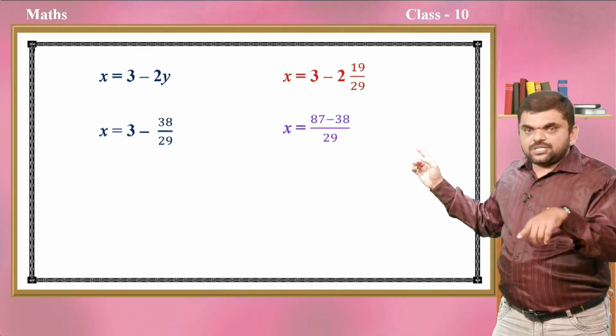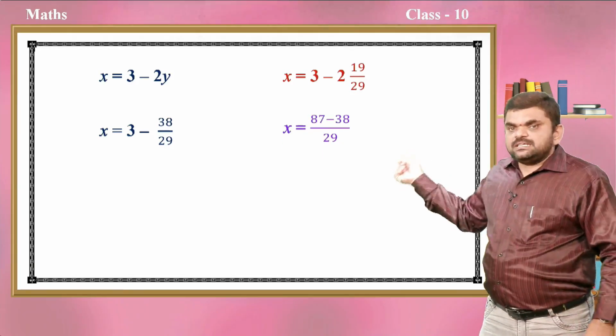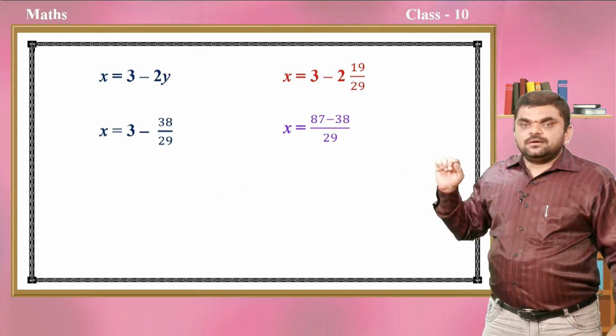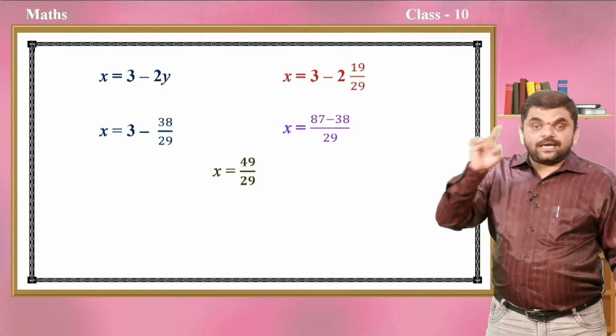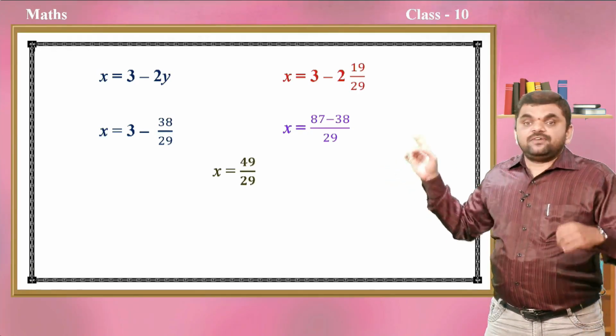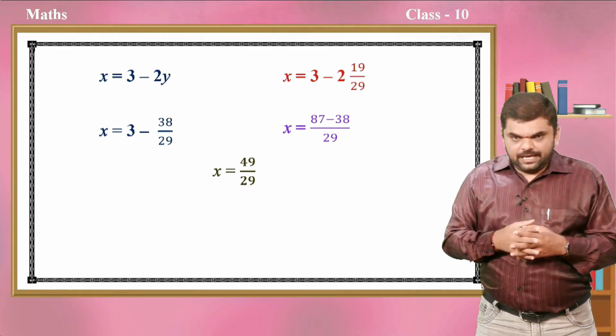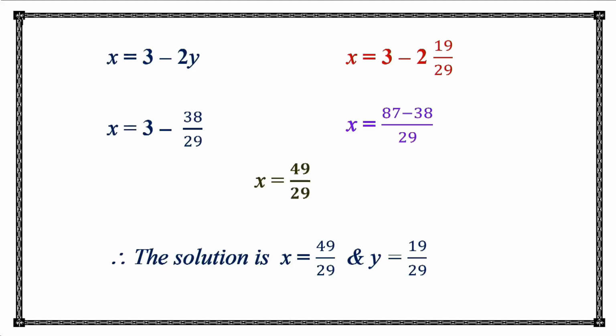On simplification we get 87 minus 38 divided by 29, which means here we took the LCM, that is 29, and we are simplifying. x is equal to 49 by 29. So the solution of these equations is x is equal to 49 by 29 and y is equal to 19 by 29.